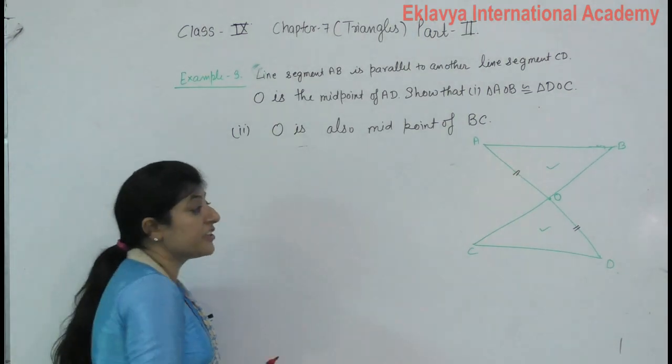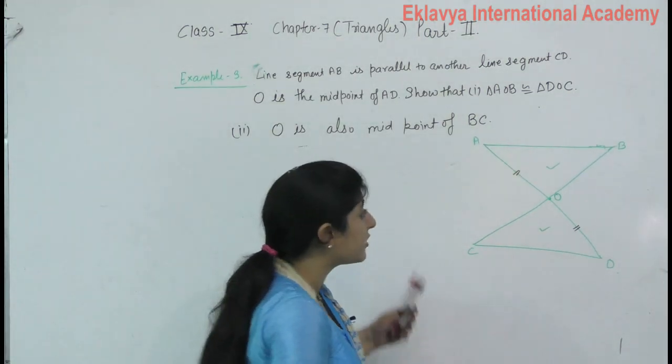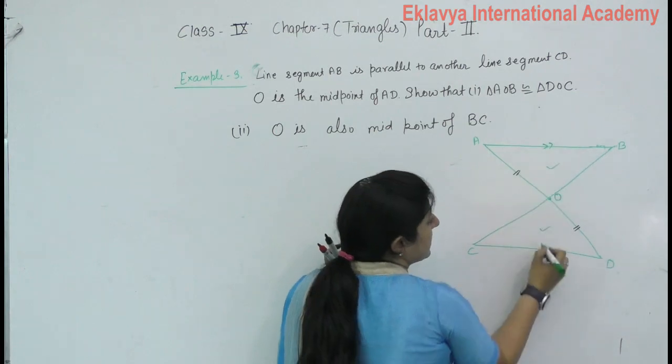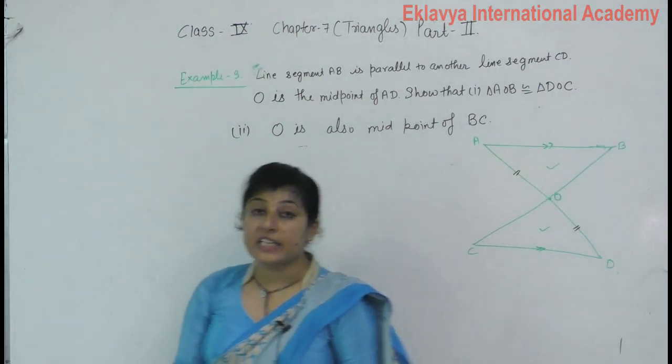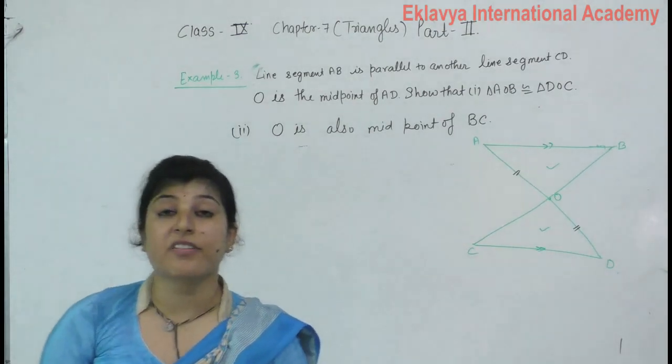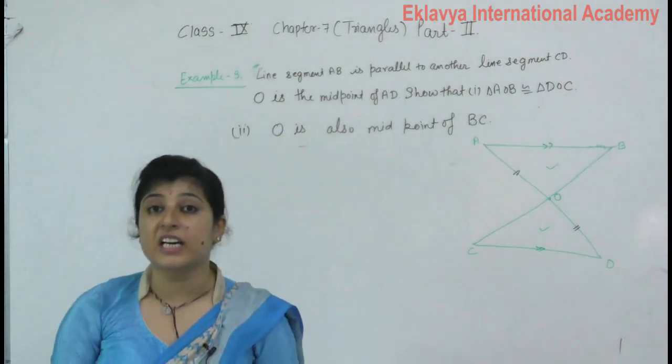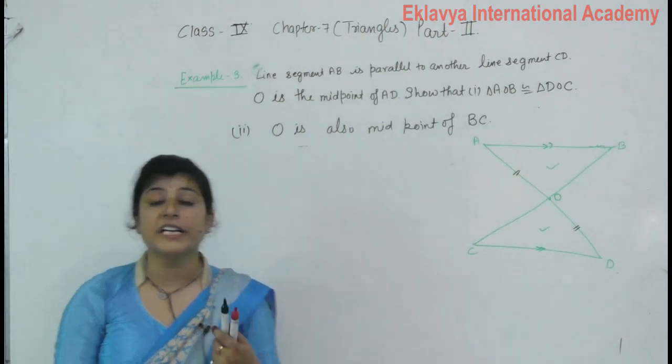See now in this figure, which information is given to you? AB is parallel to CD. Whenever you have the parallel line concept, it means we can find alternate interior angles, corresponding angles, co-interior angles.